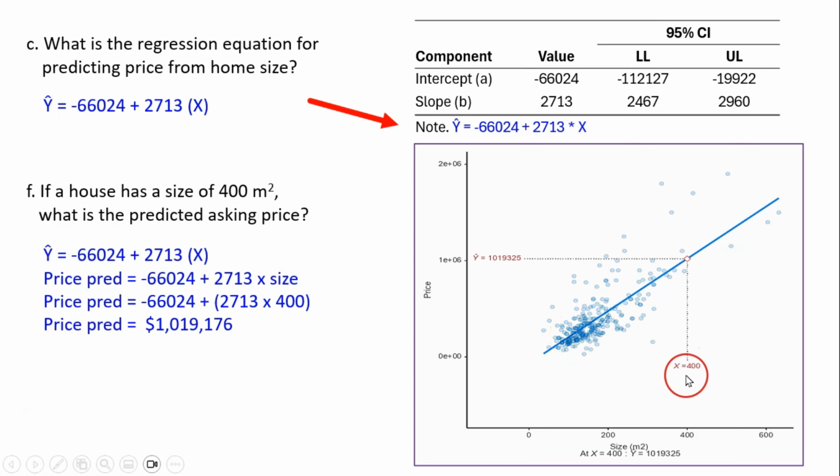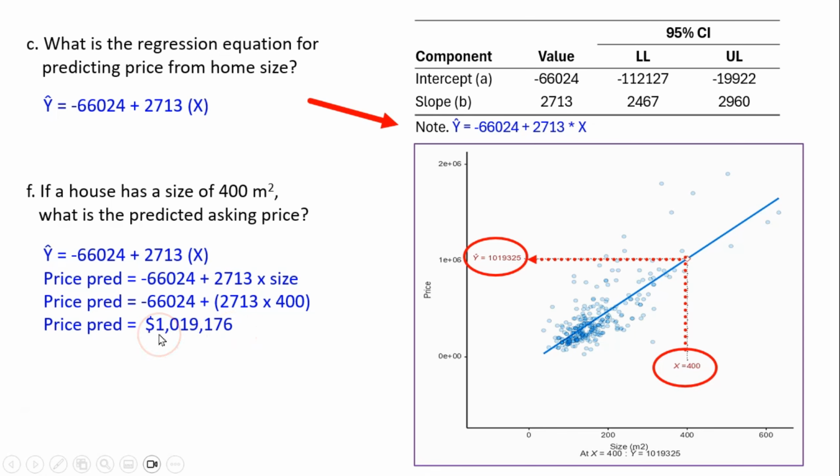So for this example, we have x is 400, and we plug it into the equation. We go to the line, there's our point, and then you just follow that over to where it intersects with the y-axis, and you get your answer, which is right there. Now, as you can see, the software is getting a slightly different answer than what we calculated over here, but it's pretty close.